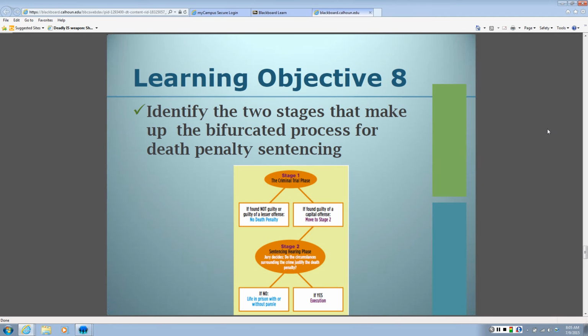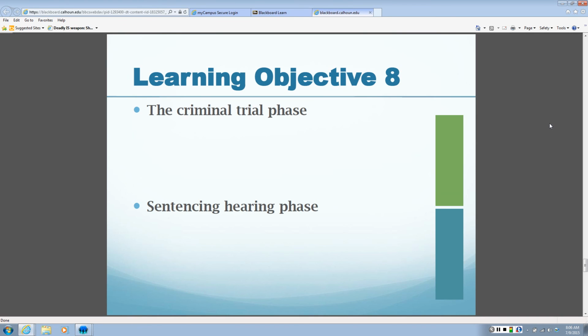If they are found guilty, you move to stage 2, when you actually have a sentencing hearing. With the sentencing hearing, each side gets to present evidence that could affect whether that person gets the death penalty or not. Just because they're asking for the death penalty doesn't mean they get it. But it is bifurcated, which means a two-stage process.